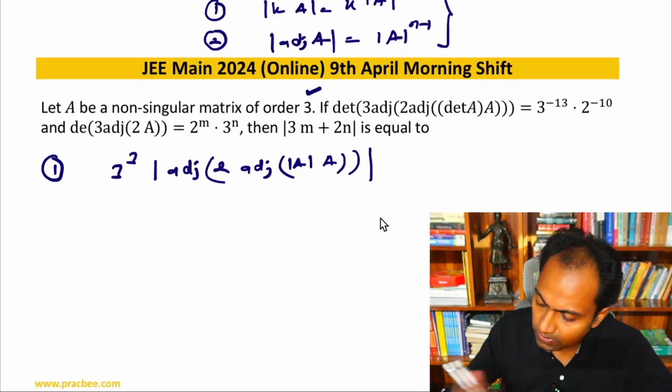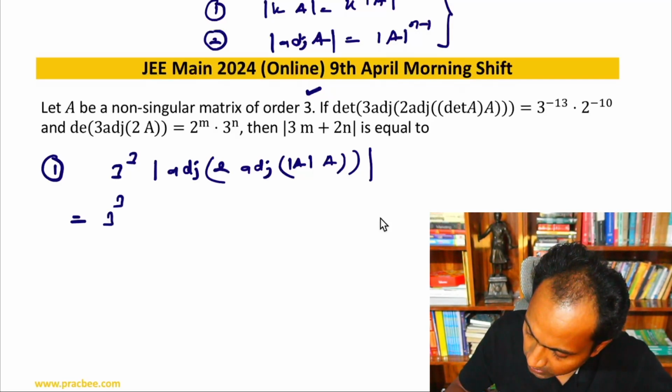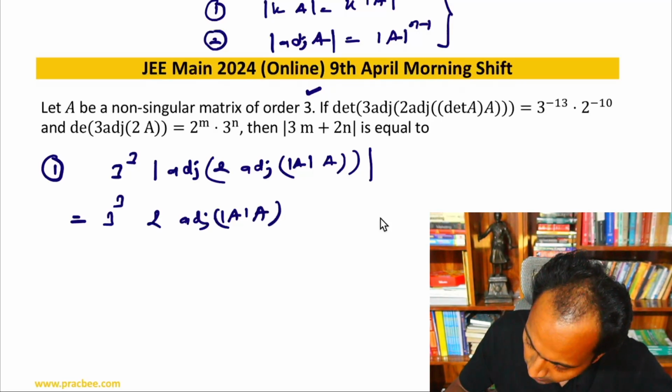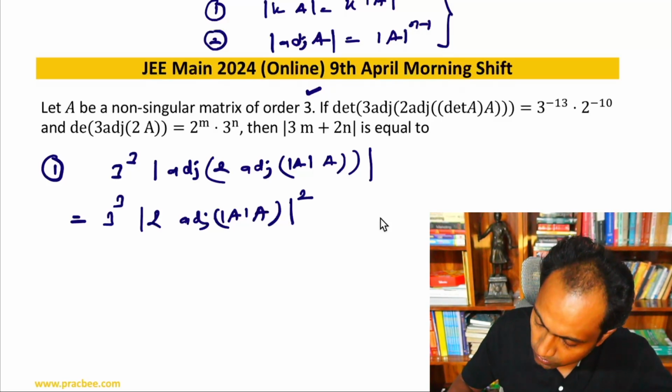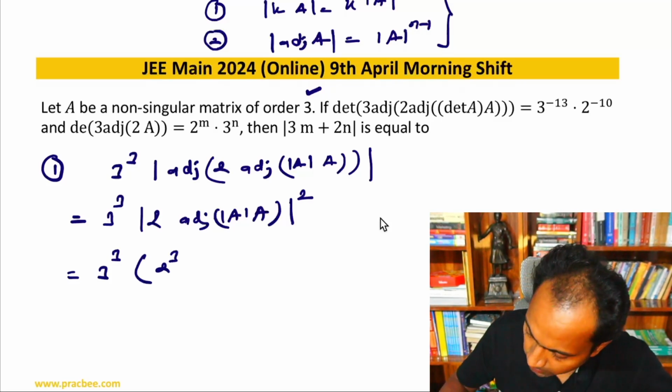Once we have this, the next step would be to remove the next one. And if I remove the next one, now whatever is inside this adjoint will be raised to the power n minus 1. The value of n here is nothing but 3. So this will become 3 minus 1. This becomes 2. Now again, if I want to take this 2 out, then this will become 2 raised to the power 3.